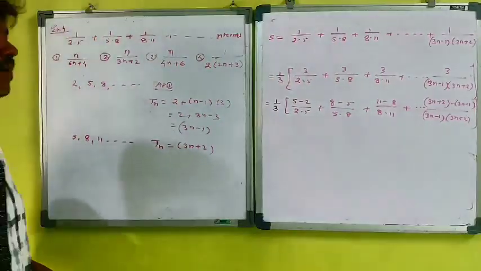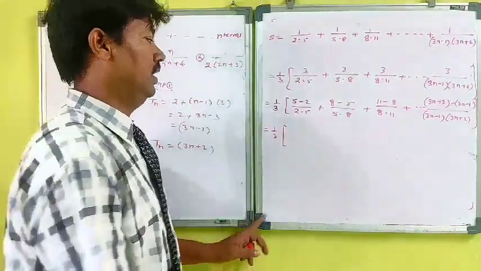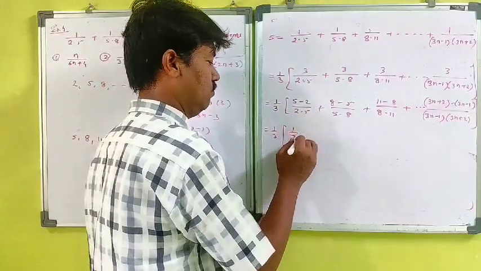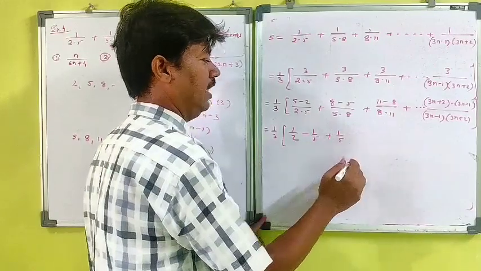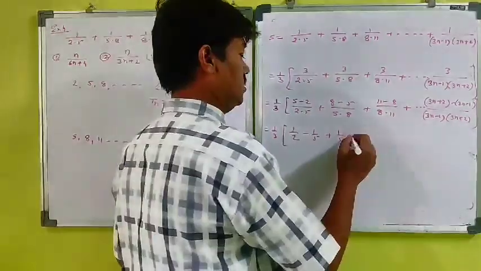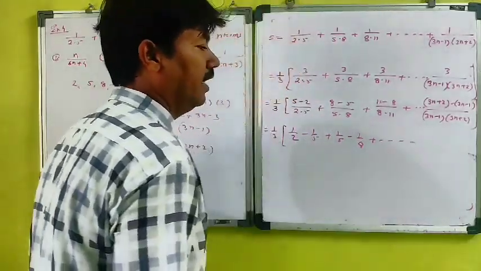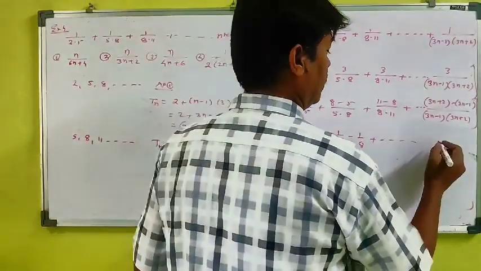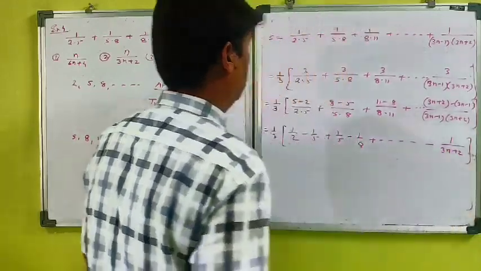And then if you split it, it is 1 upon 3 times: this is cancelled 5, 5, so it's 1 upon 2 minus 1 upon 5, 1 upon 5 minus 1 upon 8, like this, the middle terms all get cancelled. The last term is minus 1 upon 3n plus 2.